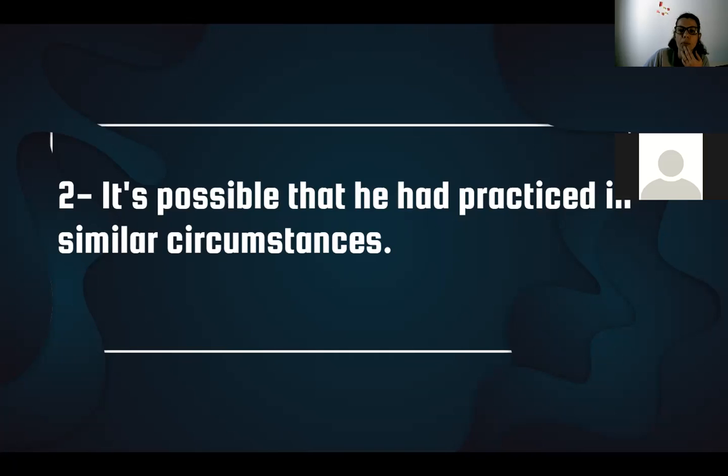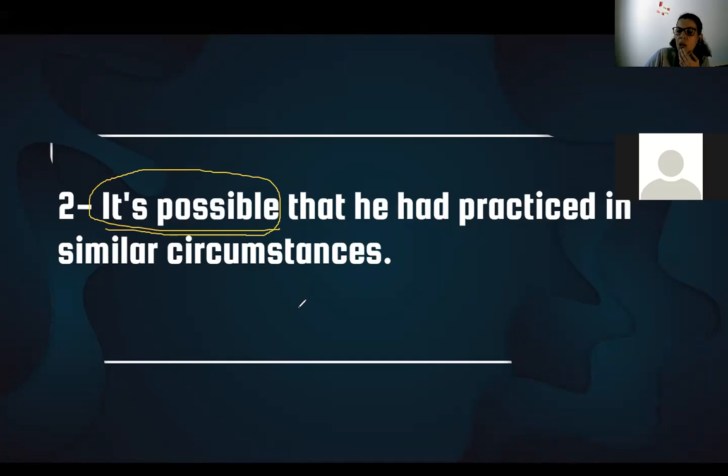So if we're talking about possibility here, it's possible. Which words should I use? Might have. Okay, very good, Gustavo. Can you write the whole sentence? Are you able to do this?